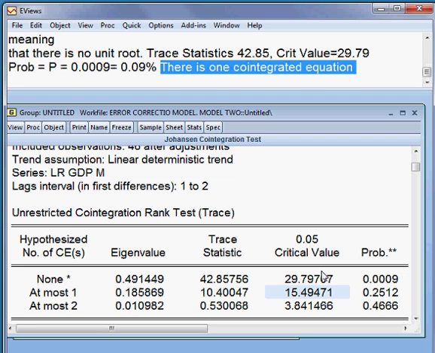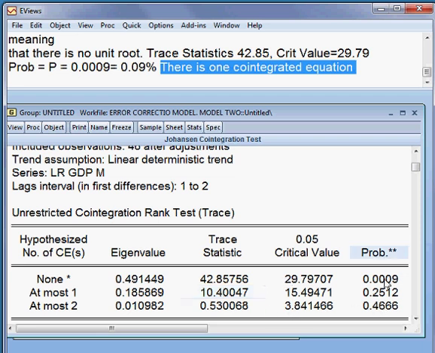But if the trace statistics is more than the critical value, we should reject the null hypothesis. For this particular case, at most one, we cannot reject the null hypothesis, meaning that all three variables are co-integrated.